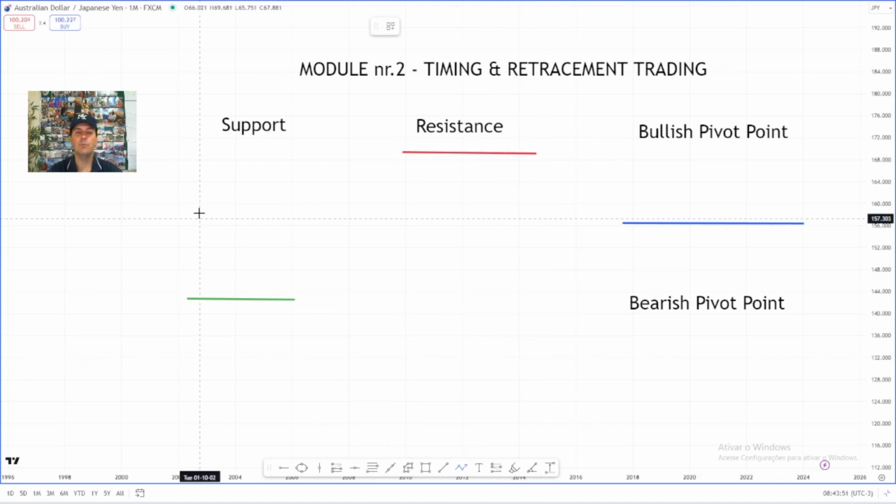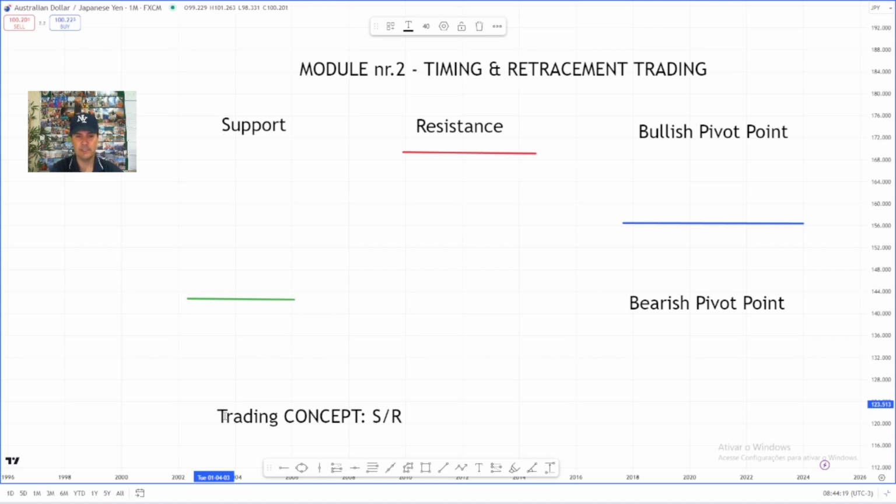All right, what is support? How does support work? Pen and paper. So let's write this down. Support, resistance, and pivot points are areas of potential reversals. All right? It's a trading concept.